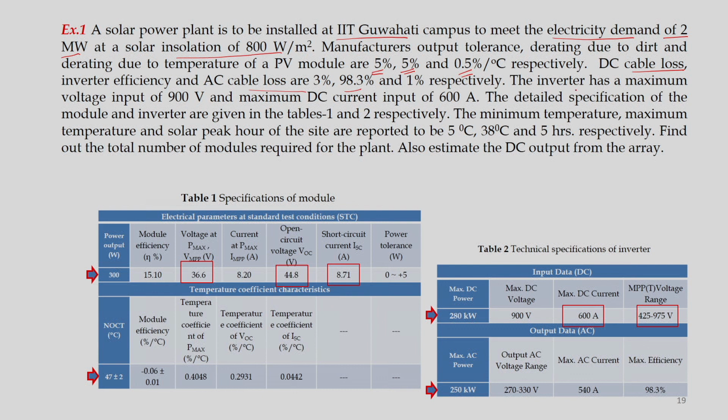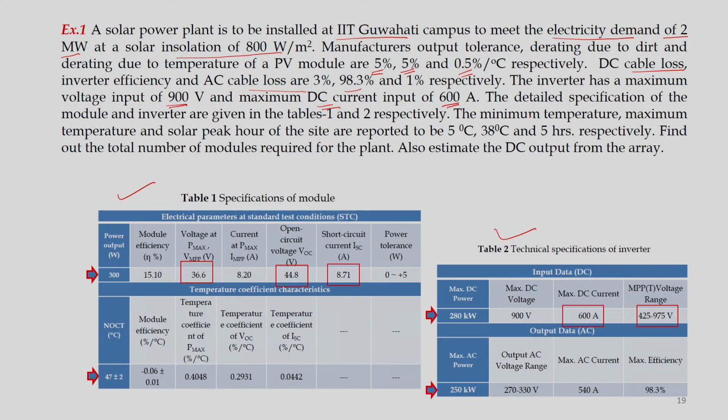The inverter has a maximum voltage input of 900 volt, maximum DC current of 600 ampere. So, detailed specifications are given here, specification of the module and specification of the inverter.